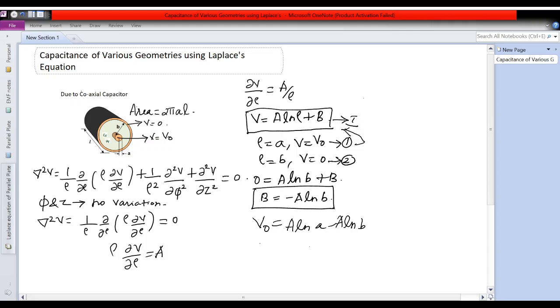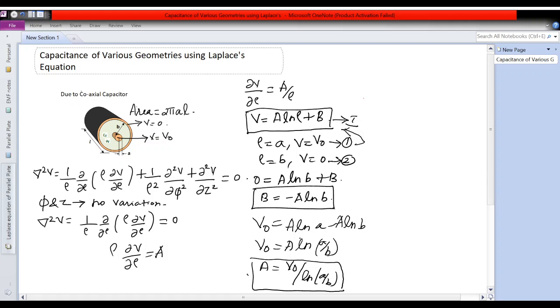So when I substitute like this, I will get this equation, and A is common. So V naught is equal to A into ln of A minus ln of B, which I can write as ln of A by B. So what is A? V naught divided by ln of A by B. This is my A value.